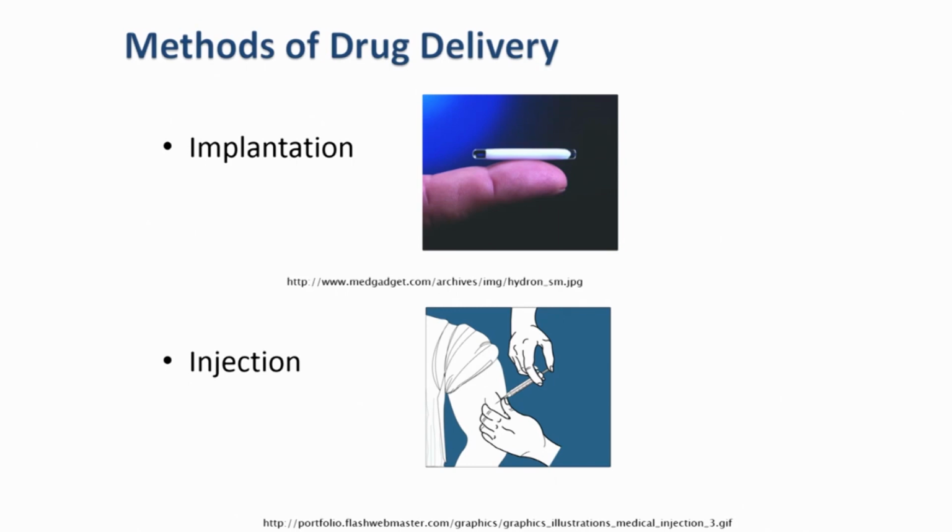This could be small particles, so again micro and nano. It could be free drug actually, which is what is currently done very widely in the literature, or this could be in situ gelling polymers.